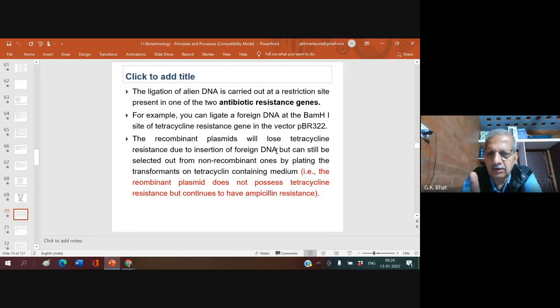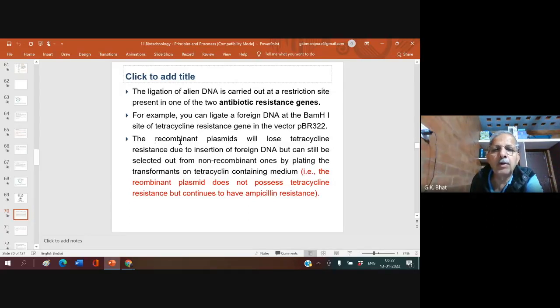Remember, this is a very important sentence. Whenever we ligate alien DNA into an antibiotic resistance gene site, that gene loses its ability of resistance.